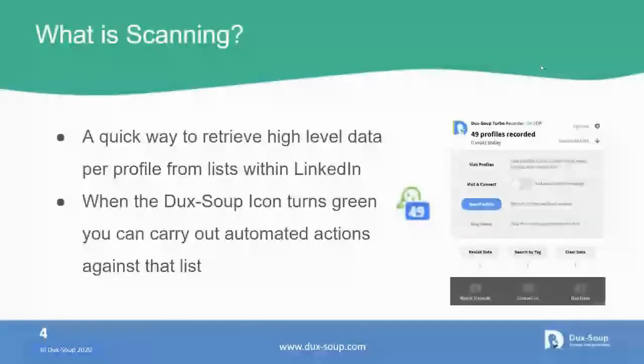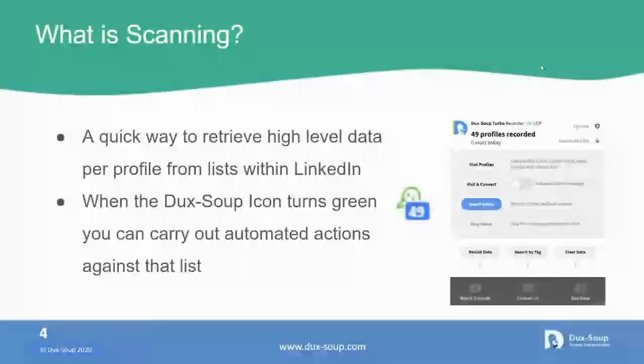So what is scanning? Scanning is an action that you can request Dux Soup to carry out on your behalf. And you can ask Dux Soup to scan any list that you find within LinkedIn. It's a quick option to retrieve data from a profile that appears on a list, such as first name, last name, title, location, and most importantly, the URL of the LinkedIn profile.